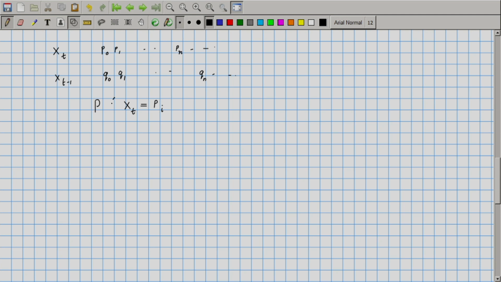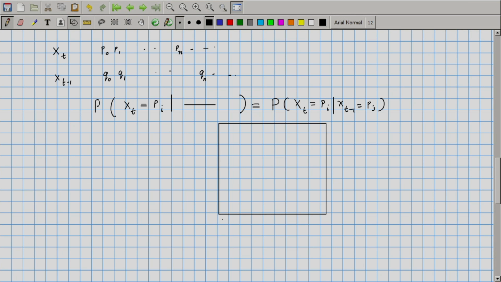The probability that this is equal to p_i given the entire history is, for Markov processes or Markov chains, equal to the probability that x_t is equal to p_i given x_{t-1} equals, let us say, p_j. Okay. So, let us just try and capture this by means of a matrix.